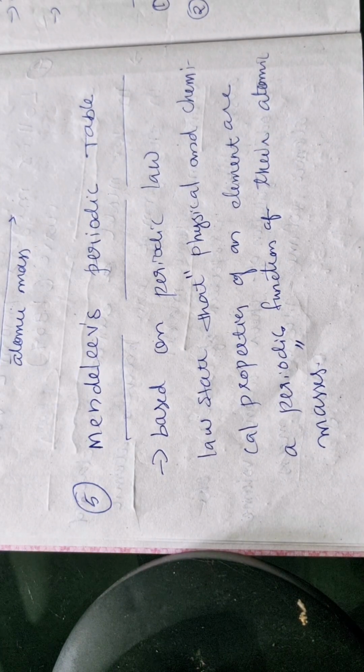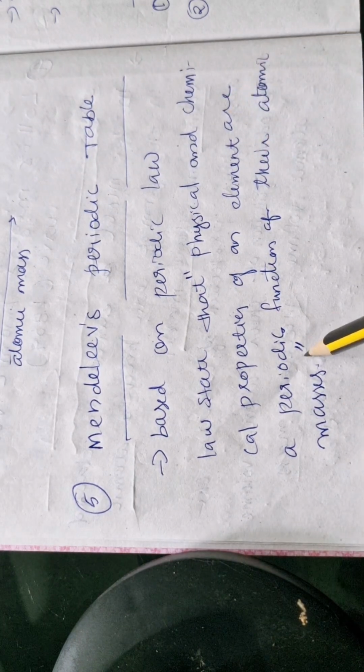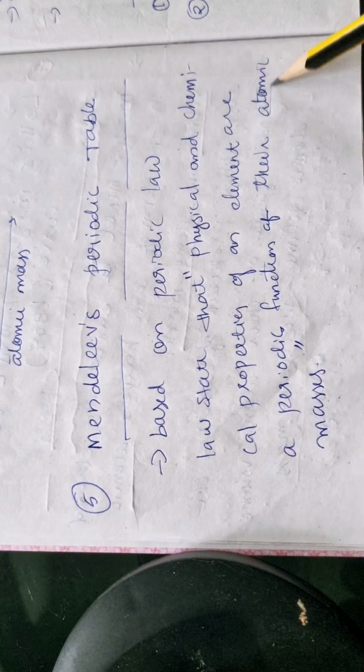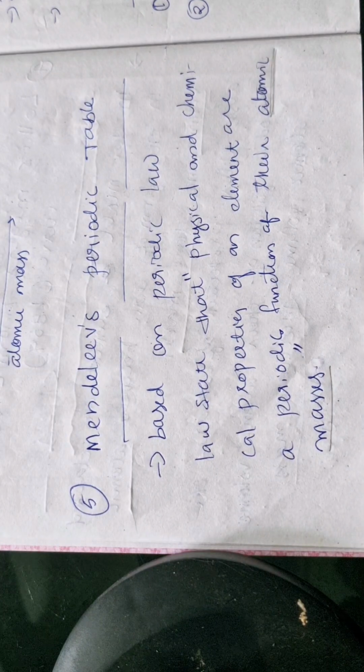In the previous theorem, the properties were periodic functions of the atomic volume. But here, Mendeleev stated that the physical and chemical properties are periodic functions of the atomic masses. So he changed atomic volume into atomic mass.